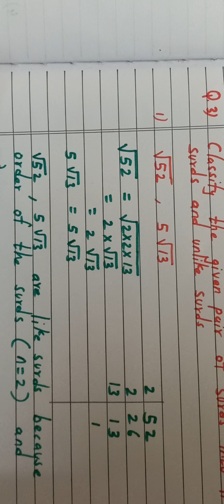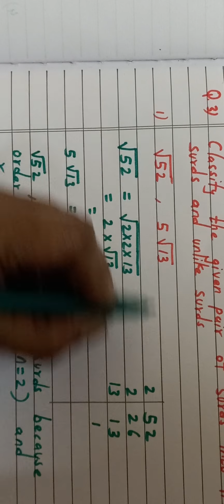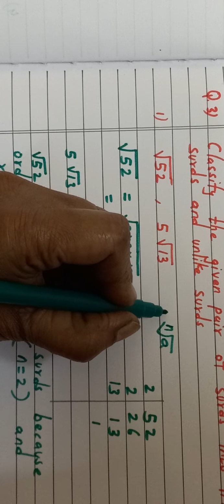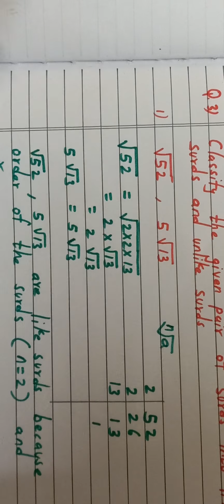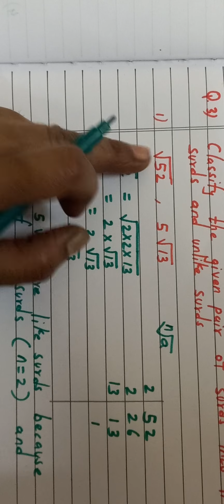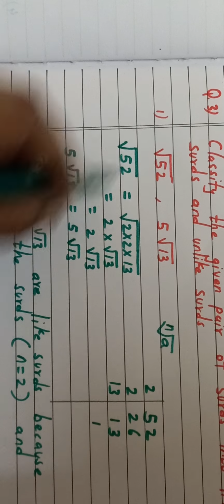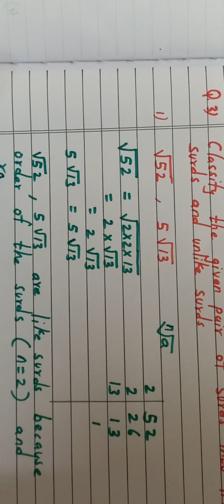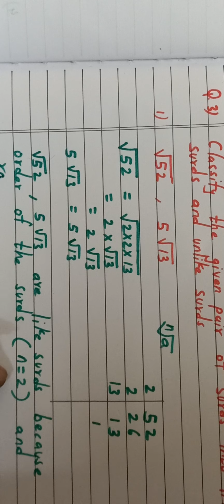And radicand. Radicand means, the nth root of a is how the surd looks. Here some rational number can be there, sometimes it may not be there. For example, here it is there, 5 root 13, but here it's not there. If it's not there, it is always 1. Order of the surds, n is equal to 2.